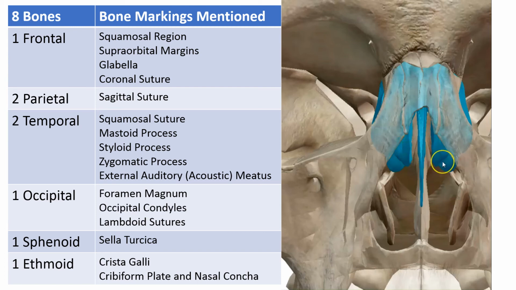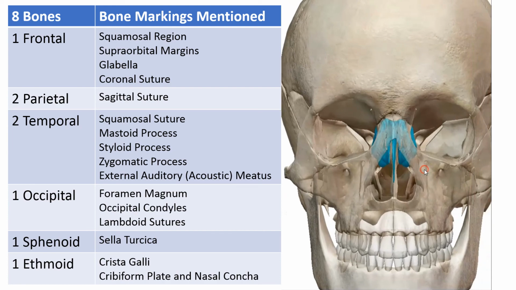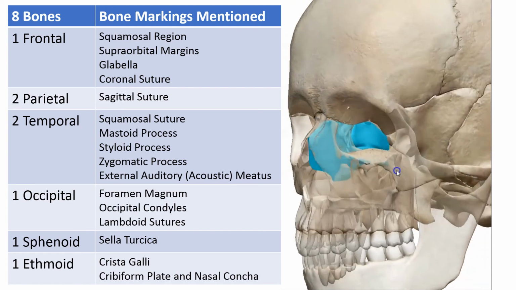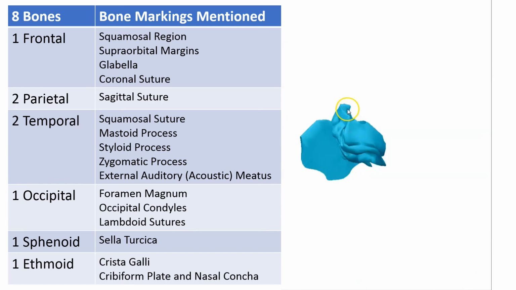Another structure of the ethmoid that I would like for you to see is this one. This is called the crista galli, or the rooster's comb, because it kind of stands up from the rest of the bone, the same way that a rooster's comb would.